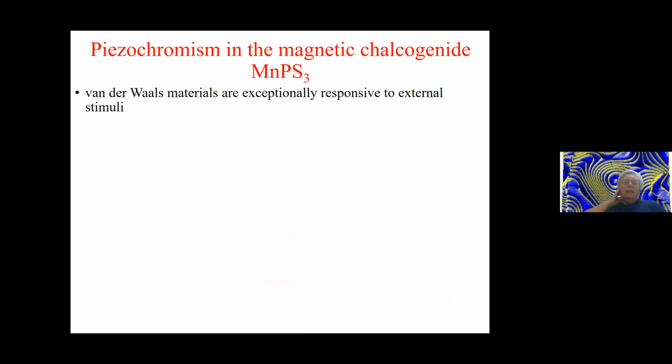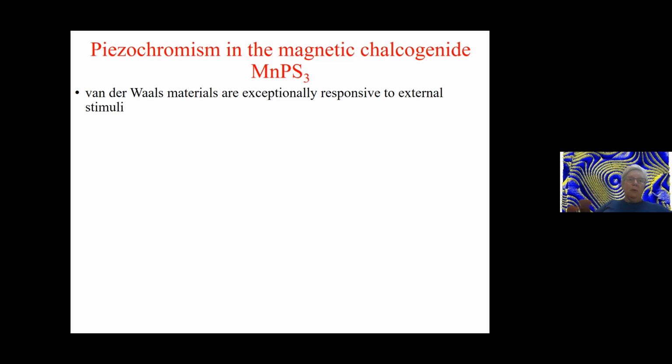Okay, so I want to stick with chalcogenides for a minute, maybe a couple of minutes, and tell you a little bit more about our work on high pressure properties of these materials. And I want to talk about some complex chalcogenides now, not just simple transition metal chalcogenides like molybdenum disulfide or tungsten disulfide, but something more complicated like manganese PS3 and others of that ilk.